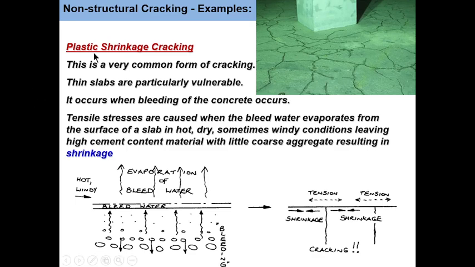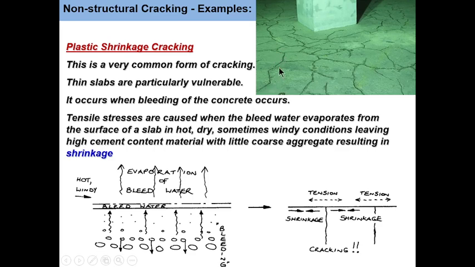So you can see an example of a plastic shrinkage crack, which is a common form of cracking in thin layer slabs. They are vulnerable to this. It occurs when bleeding of concrete occurs. When you cast this concrete and bleeding occurs, the bleed water will evaporate.